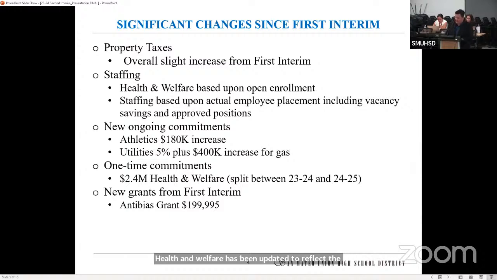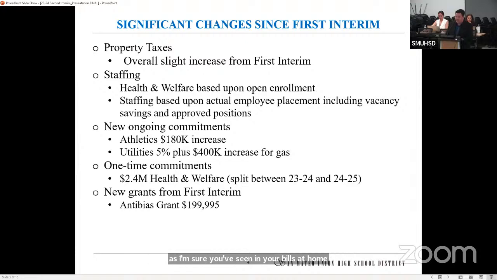And then in terms of ongoing commitments, athletics has seen an increase related to the cost of officials. The last couple of years have seen significant increases in the costs of officials. And then we continue to see pressures from utilities, primarily from natural gas, as the last couple of years have really seen an increase, as I'm sure you've seen in your bills at home.